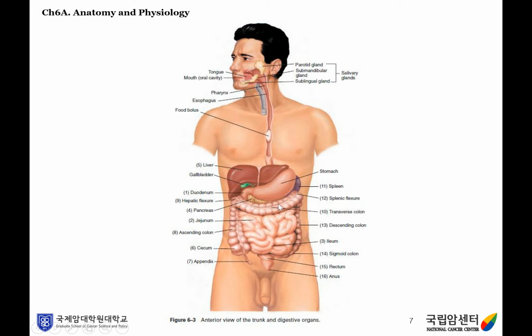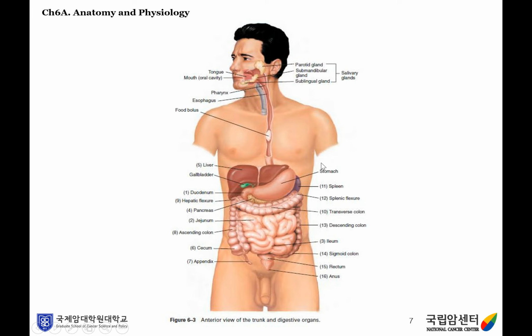So duodenum, and then ileum. Before the ileum, there is a jejunum. So duodenum, jejunum, ileum, and here the first part of the colon starts from the cecum, and ascending colon, transverse colon, descending colon, sigmoid colon, rectum, and the anus.